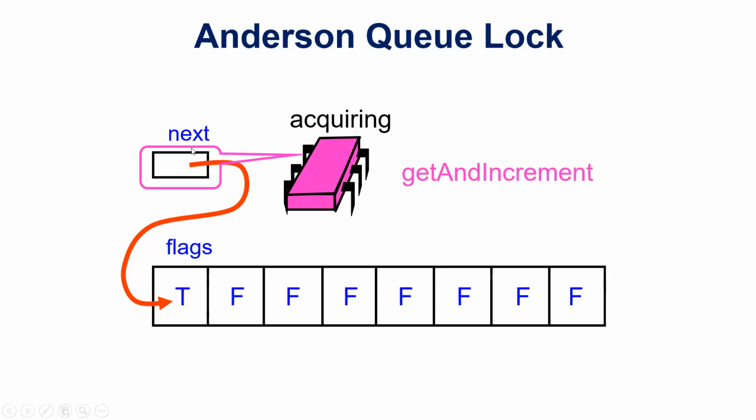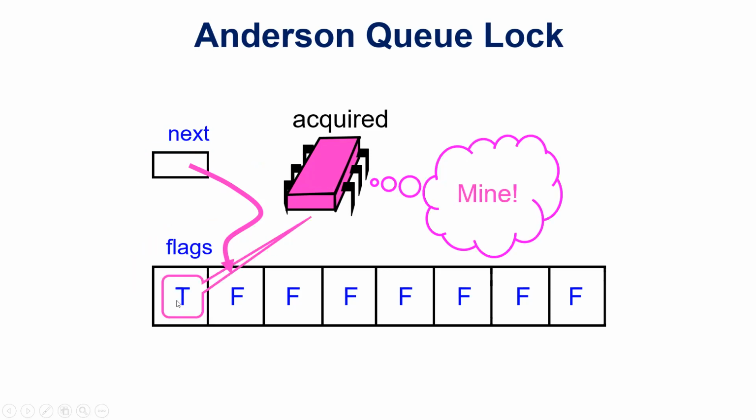So here the next field is updated, and if we are incrementing it, this particular thread will spin on this particular field. Here, next is an atomic field, an atomic integer field.